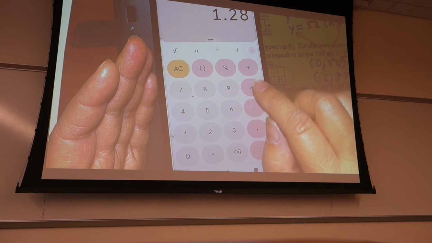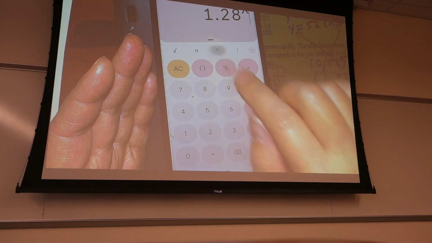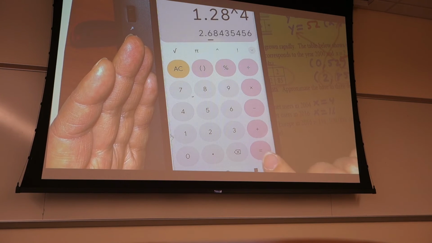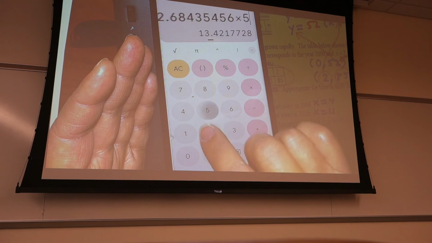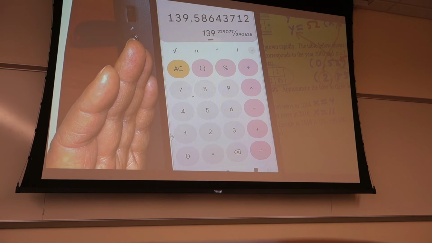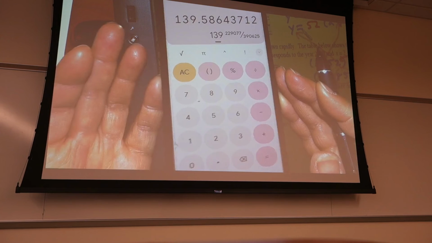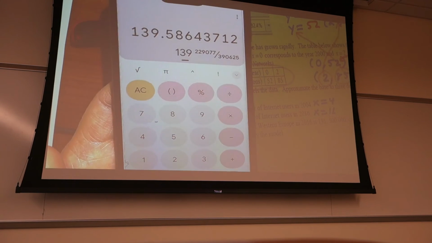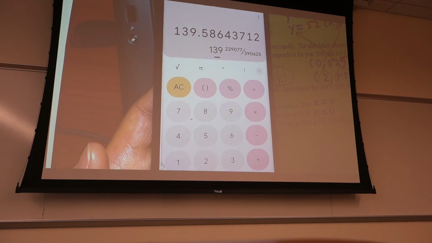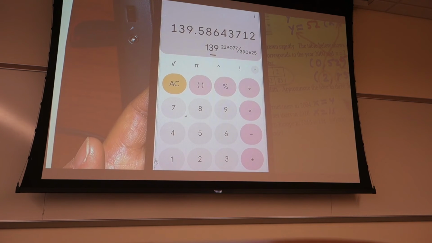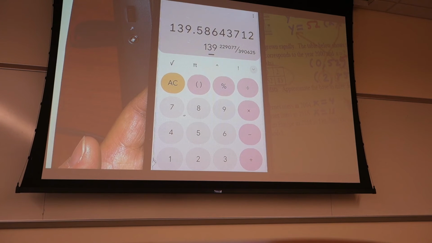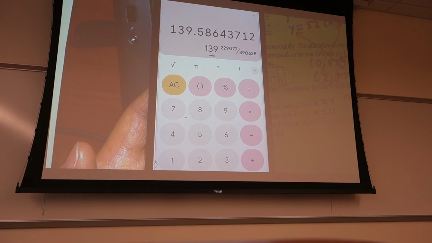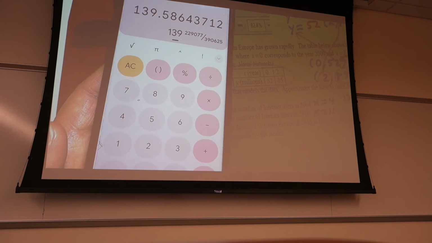I'm going to double check and see if I got the same thing you got. Times 52. 139.229 is what you said? I got 139.586. Oh, 139.6, yeah.